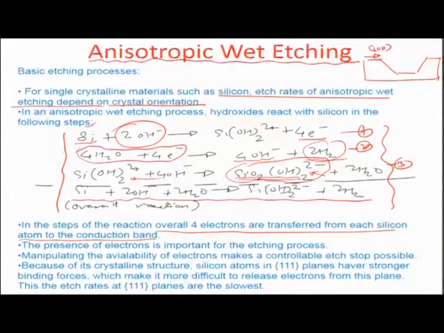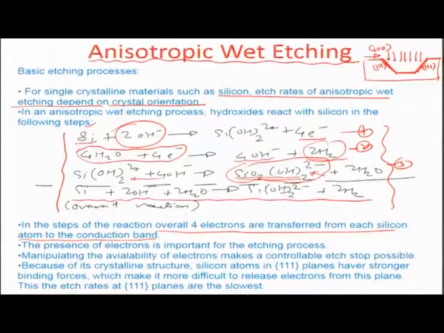So eventually the array of planes which would be formulated because of the etching action of the hydroxide etchant in the solution facing the silicon, the plane which eventually would emerge is going to be the 111 plane in both the directions, and that is going to result in the stoppage of the etching action. So that is how the angular profile in case of the anisotropic wet etching comes out.